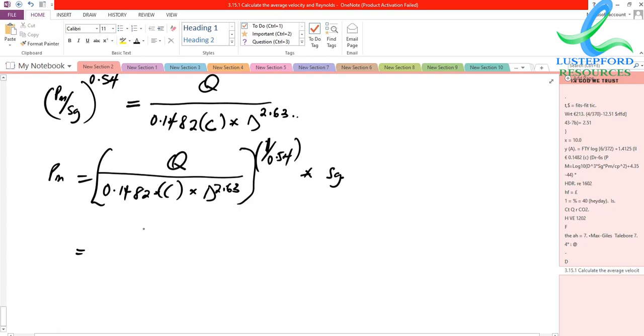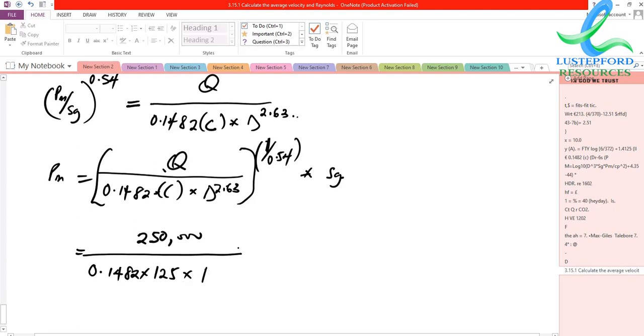So the flow rate is 250,000 divided by 0.1482 times the C, which is 125, times the D, which is 19.25 raised to power 2.63, all raised to power 1 over 0.54, times the specific gravity, which is 0.85.